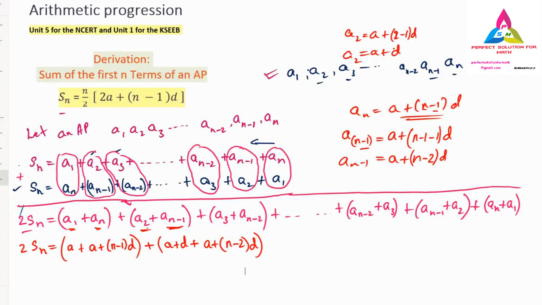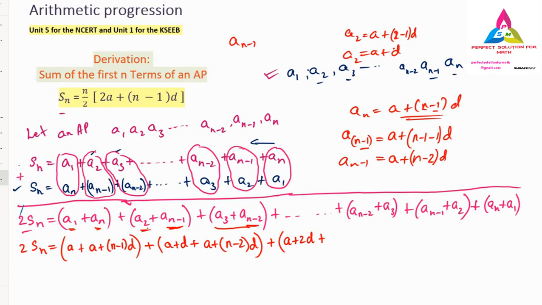Next step, what you have? a3 plus a_{n-2}. This we can skip, or we can write it also if you want. So a3 can be written as a plus 2 times d, plus a_{n-2}. How can we write it? In a similar way. It is a_{n-2} now.